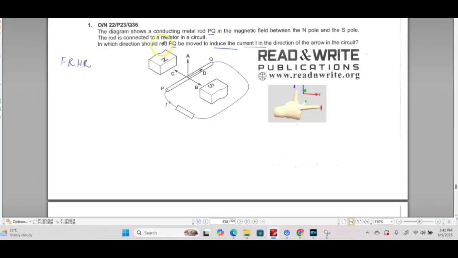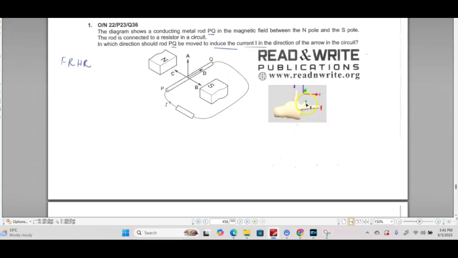And the direction in which the rod PQ should be moved is given by the direction of our thumb, which represents the force. Okay? So if we look over here, this first finger is pointing towards north and south.